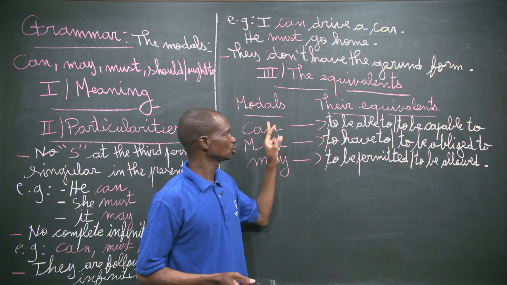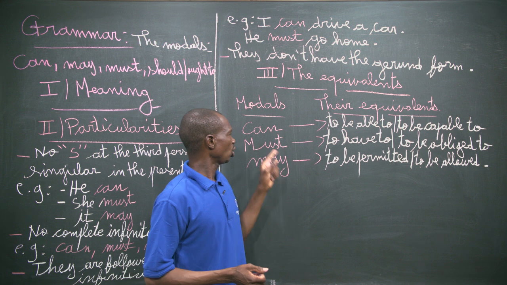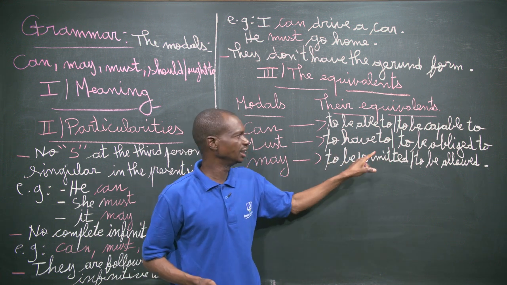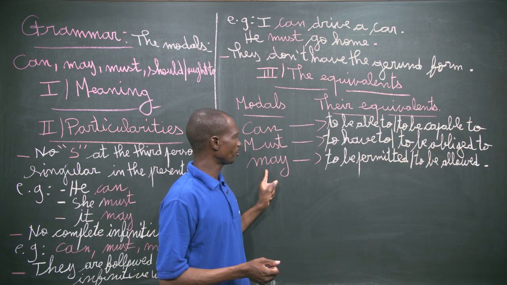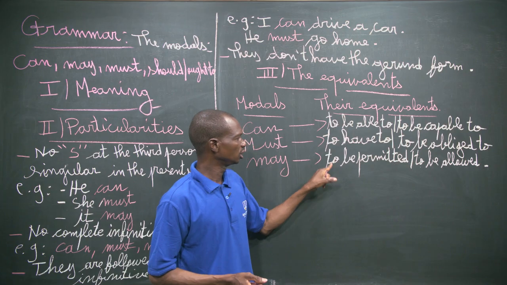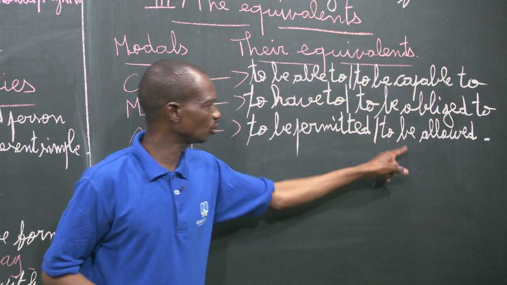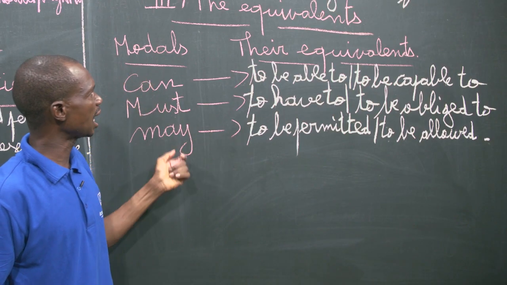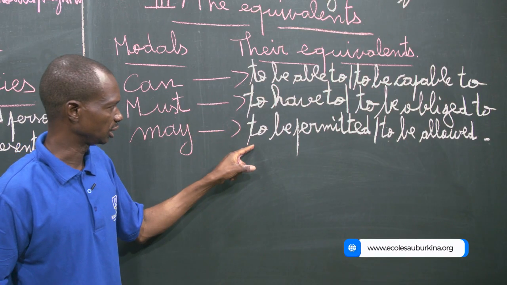Can: to be able to, or to be capable to. Must: we can use to have to as the first equivalent, and the second equivalent can be to be obliged to. And may: we can use to be permitted to as the first equivalent, and the second one to be allowed to. These are the equivalents of the modal auxiliaries.